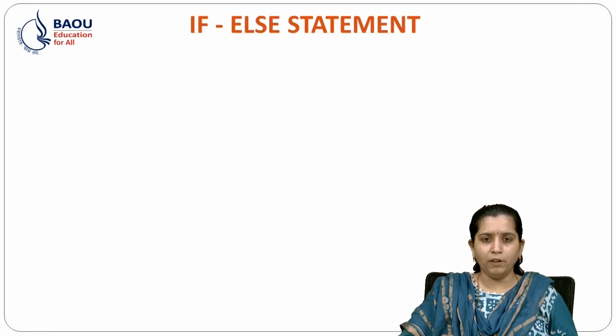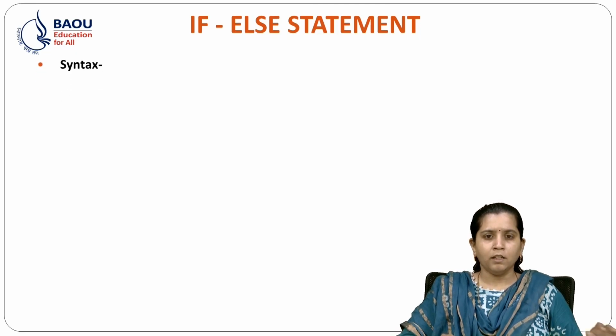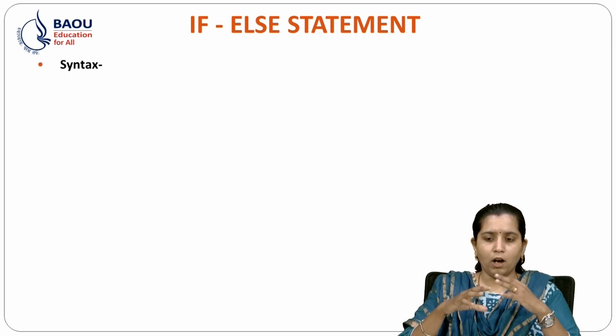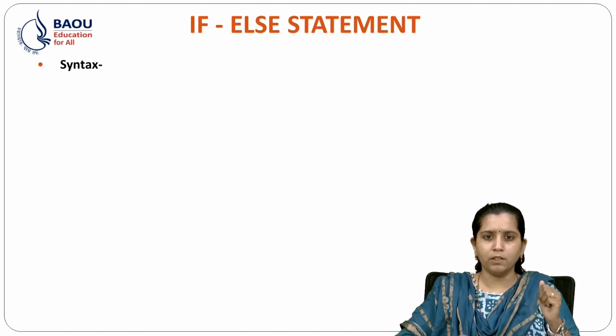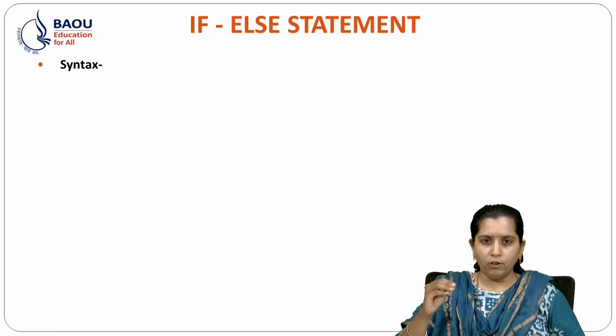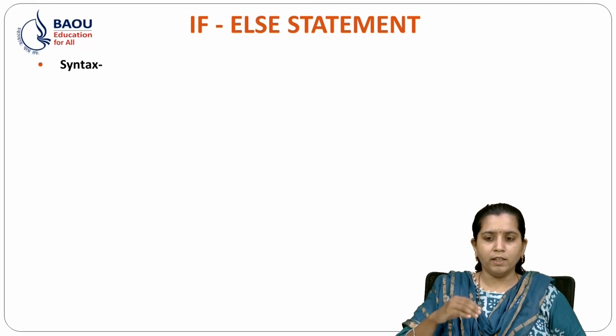Now let's see if-else statement. If-else statement allows us to make a decision based on the evaluation of a given statement. If the given statement is true, then the code inside the if block is executed, and in case the condition is false, then the code inside the else block will be executed.